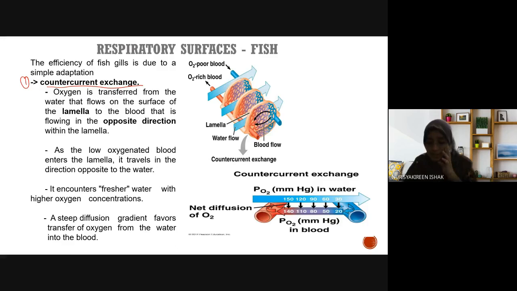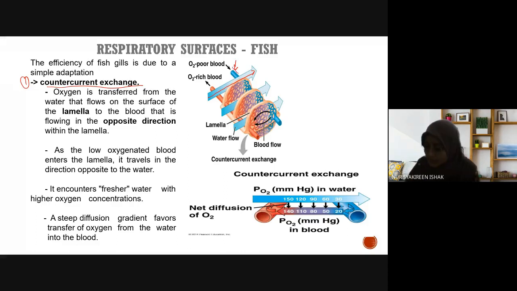In the case of fish gills, the two fluids that flow in opposite directions are, one, the blood in the blood vessels within the lamella, and the other one is the flow of water. Okay, so as you can see from this diagram, water flows in the opposite direction to the blood in the blood capillaries. Okay, so the blue here is oxygen poor blood.